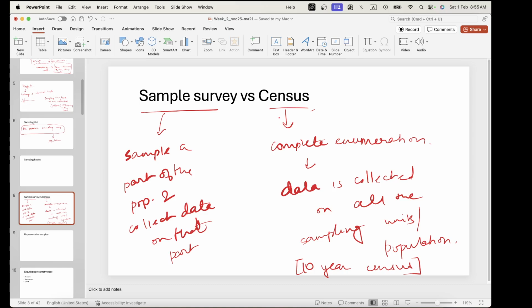But if, on the other hand, we have some notion about how our population looks like, then we can select a handful of individuals who represent India as a whole with respect to its intrinsic features.